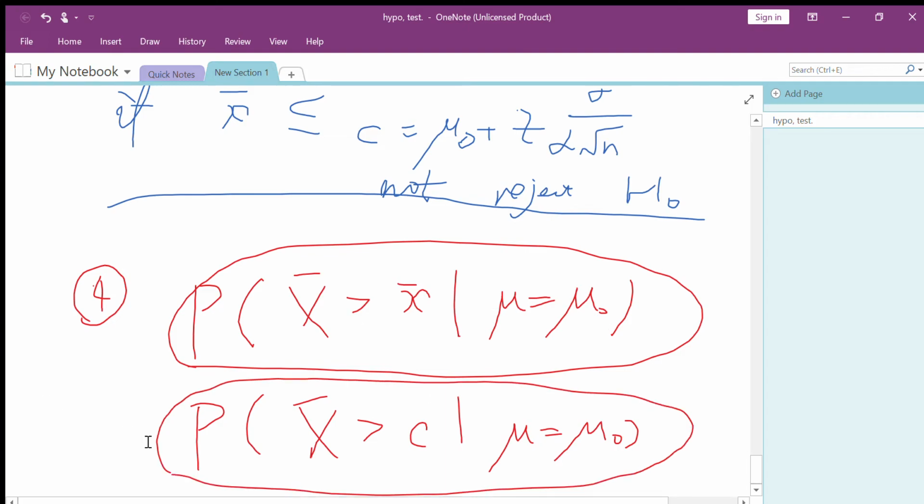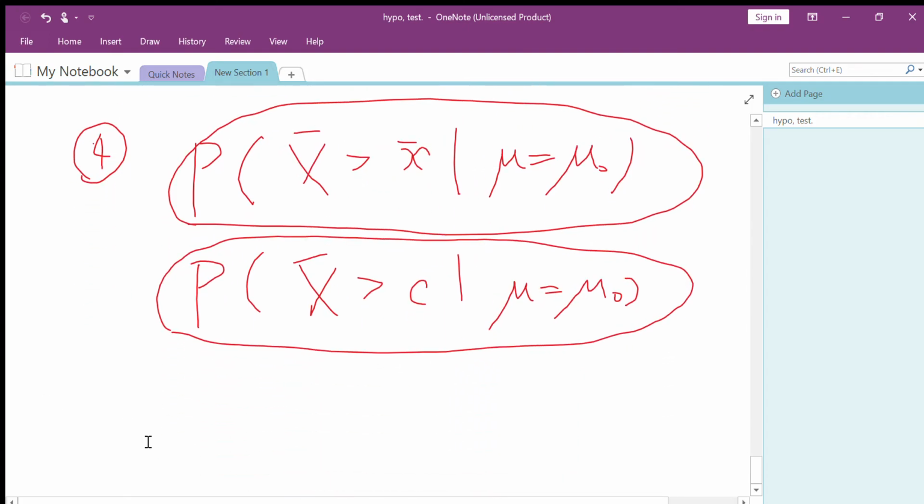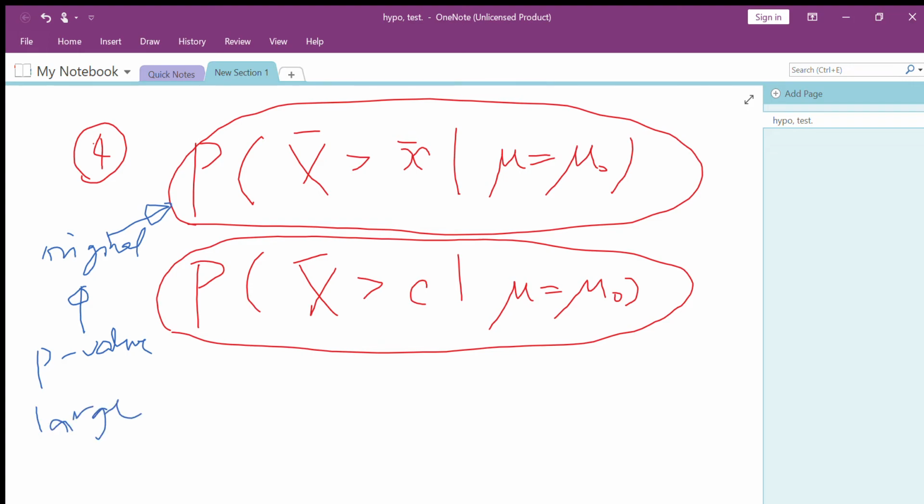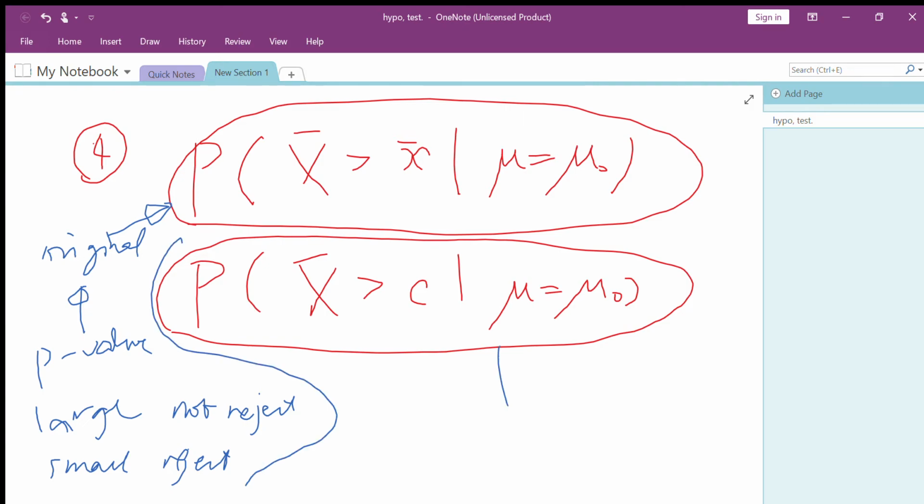This is our original, and this is the p-value: large, not reject; small, reject. And this approach is for the decision rule.